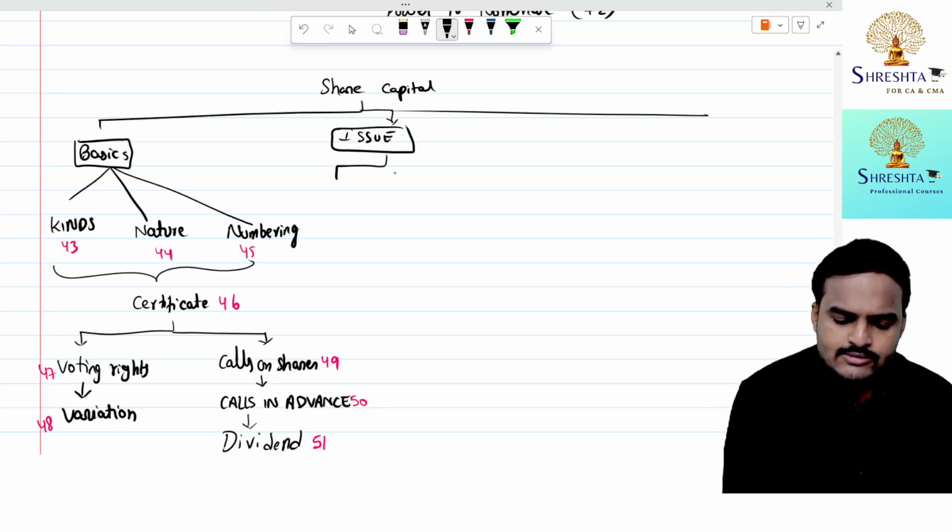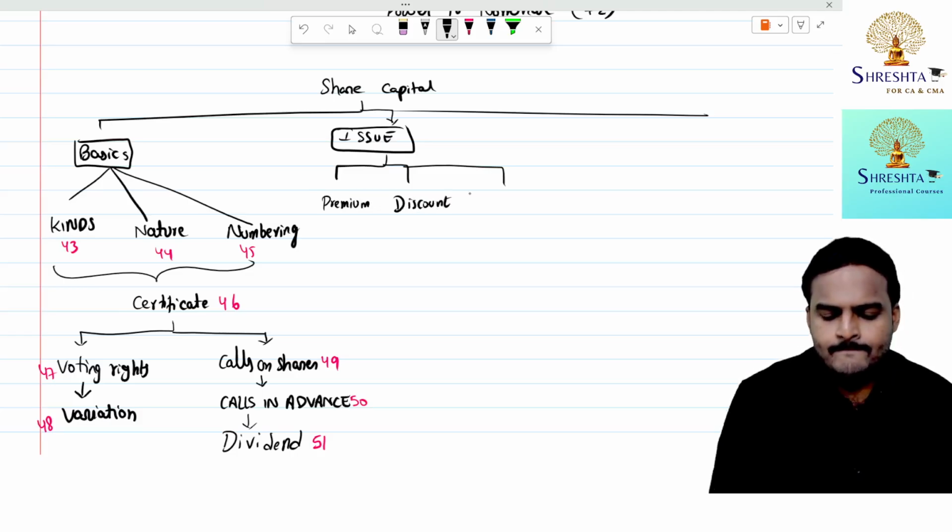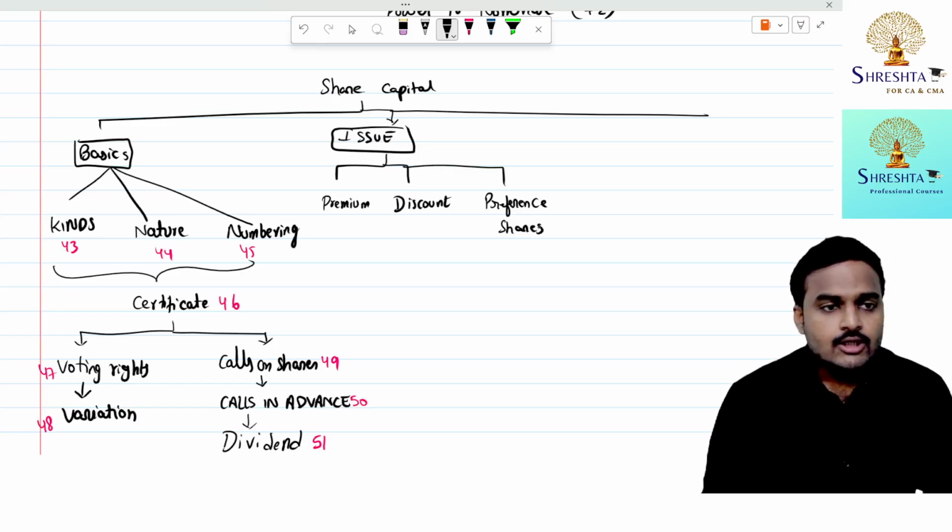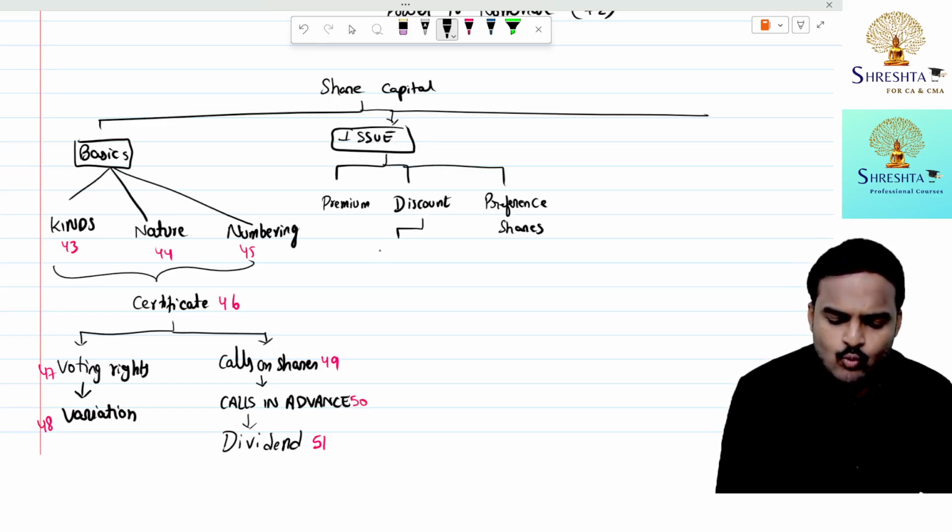Under issue you can observe 3 branches. Issue of shares at a premium, issue of shares at a discount. Next, issue and redemption of preference shares. Sir, issue of shares at a discount is void. However, to this general rule we have one exception.